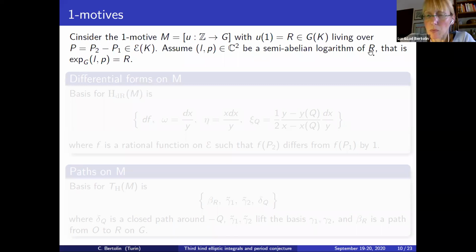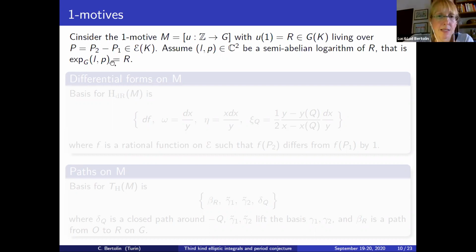The semi-abelian logarithm of R is just a couple, because Lie of G is isomorphic to C^2, and L and P are two points of C^2 such that the exponential of (L, P) is equal to R.